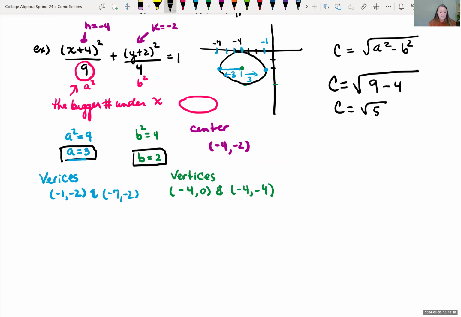Square root of 5 is about 2 point something. So technically you're going left and right on the major axis, root 5. So I'm just going to write that left or right. So I have -4 minus root 5, y value is the same, -2. Or, because the major axis is parallel to the x, it's -4 plus root 5, comma -2.